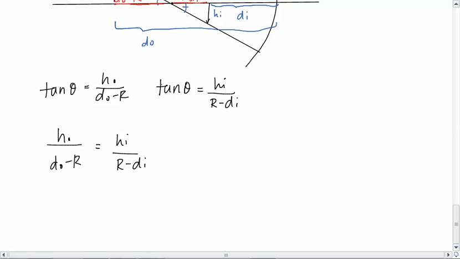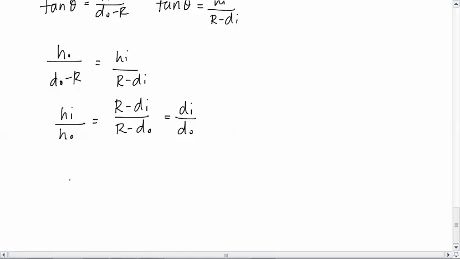Now HI over HO is equal to DI over DO, and HI over HO would also be equal to R minus DI over R minus DO. So that would be DI over DO from the magnification relationship.